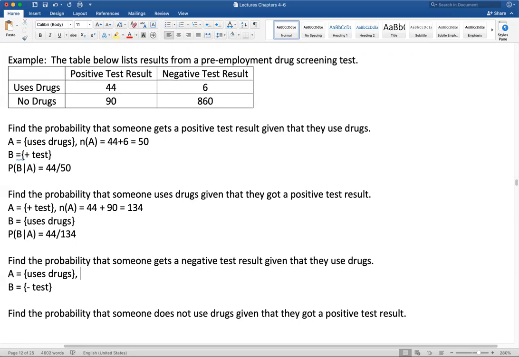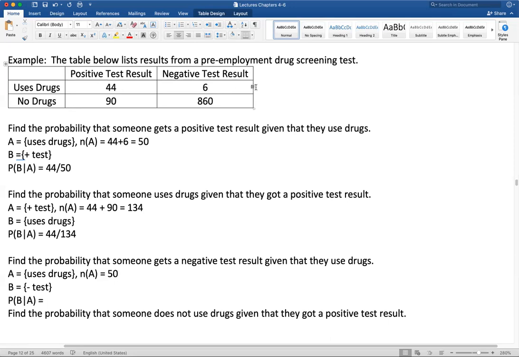So 50, right? So N of A is 50. And then the conditional probability of B given A is going to be the number of outcomes belonging to A and B. Use drug but negative test result is going to be 6, right? This many people use drug but got a negative test result.